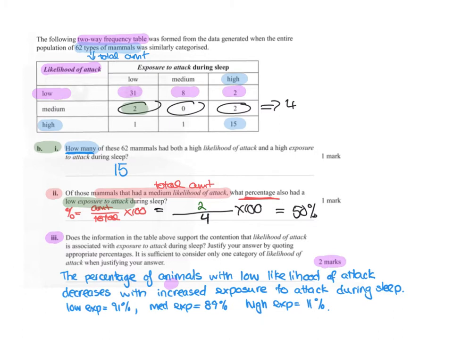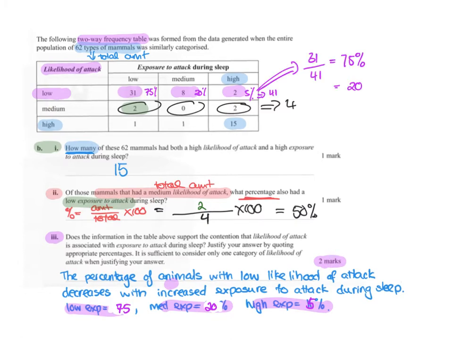So I said 91 to 89 to 11% with high, okay? So we've put the percentages of what's happened there. All right, and that's what you need to do. Okay, so we just fixed up those percentages. It was 75, 20, and 5, and that just shows it going down.